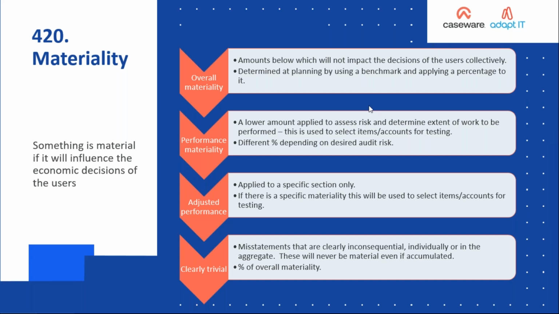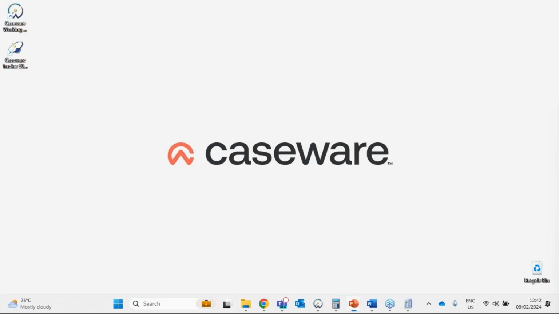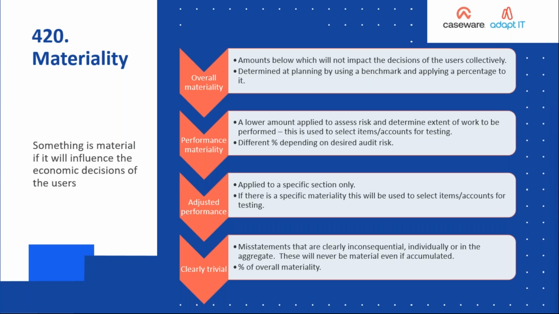Okay, so now let's dive into one of the most important documents in Audit International, which is the 420 document, the Materiality document. It is the document where, I like to define it, our methodology meets the figures in the technology.